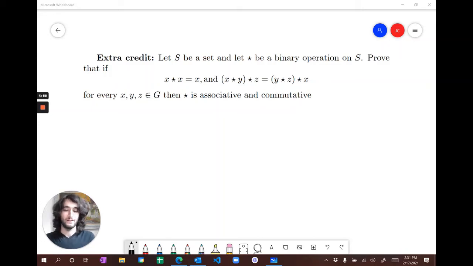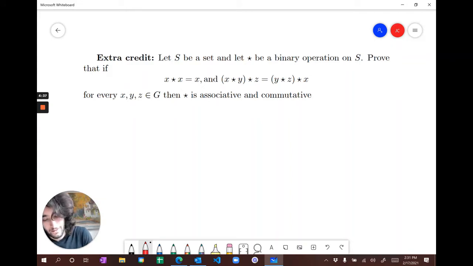And finally, we have the hardest question on the test, the extra credit question, question 11. So we are in a set with a binary operation, and we have these two funny properties. First of all, any element times itself is itself. So that's kind of funky.